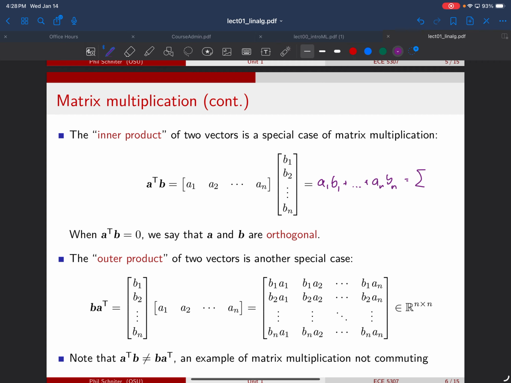So maybe I'll just choose the variable I to index across those. So now I'd have a sum over I equals 1 all the way to n of scalar AI times scalar BI. And this is called an inner product.